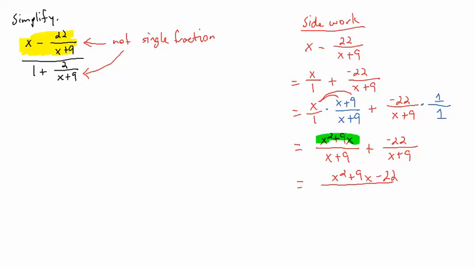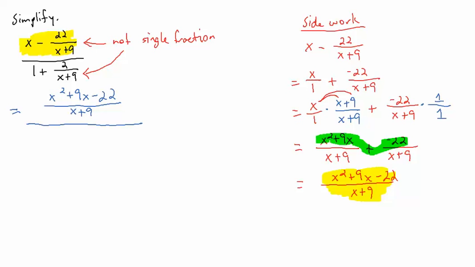That's what I get when I add my numerators together, over my common denominator of x plus 9. And so this that I got here is the same as the numerator over here in the original problem. So I can come back to my original problem, and I can write my numerator as x squared plus 9x minus 22 all over x plus 9. And then that is my numerator.